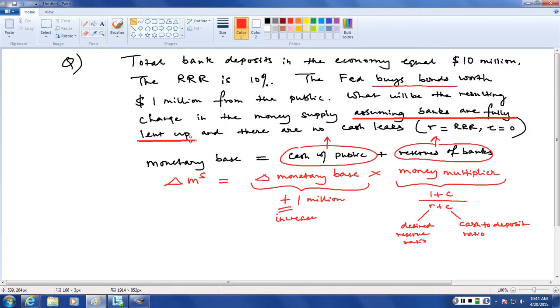So essentially that assumption means that this desired reserve ratio is in fact equal to the required reserve ratio. This comes from the fact that banks are fully lent up.